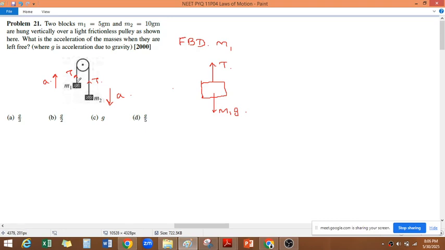That means you have to imagine that there is a tension acting upwards. If you have difficulty, let me know. Otherwise, a simple explanation is it has not fallen down, which means something else is holding it up. That means the most important formula in mechanics, sigma F is equal to ma. So T minus m1g is equal to m1 into a.